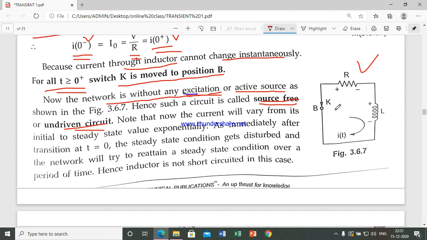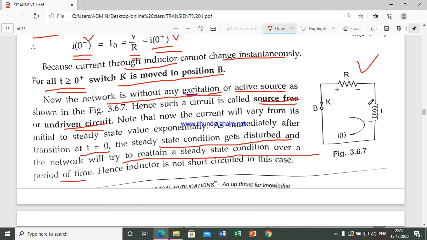Note that now the current will vary from its initial to steady state value exponentially, as immediately after the transition at t equal to 0, when you have moved the switch from A to B, the steady state condition gets disturbed and the network will try to attain the steady state condition over a period of time.